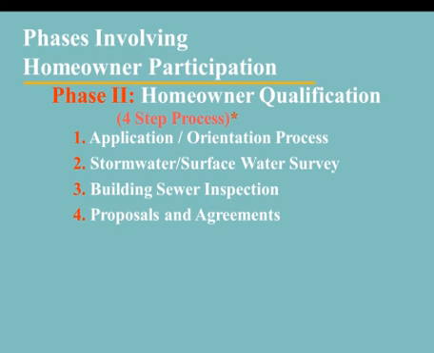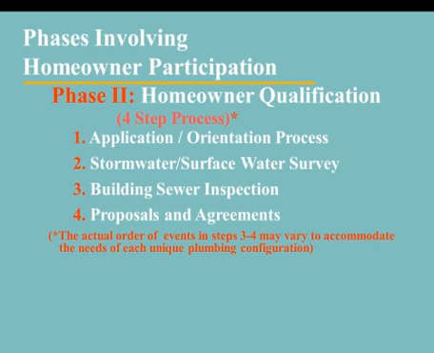The process typically consists of these four things. Application, I'll come out and do the stormwater sewer survey. We'll look at your building sewer to make sure it can handle the proposed modifications, and then we'll go into proposals and agreements.